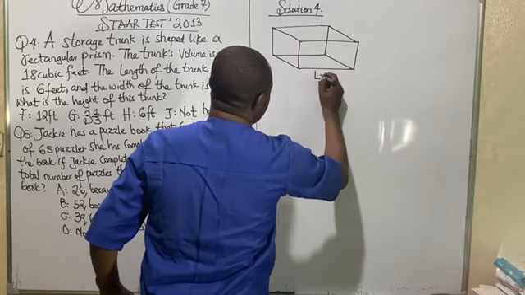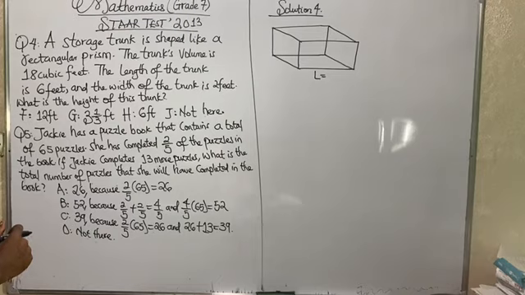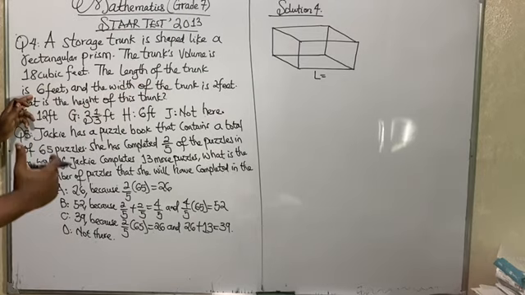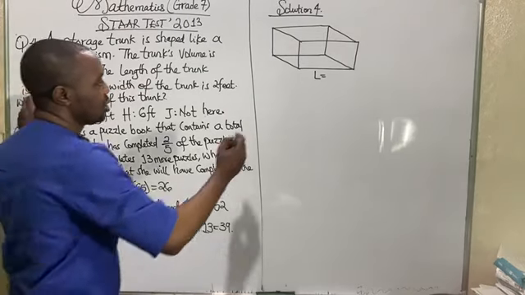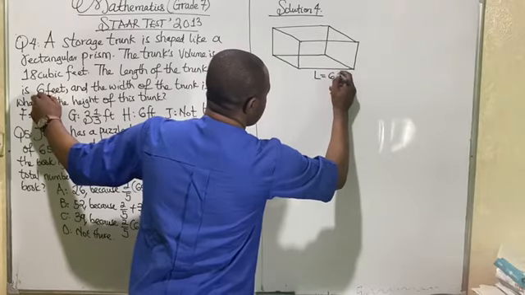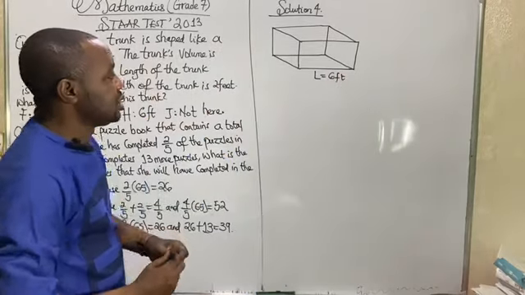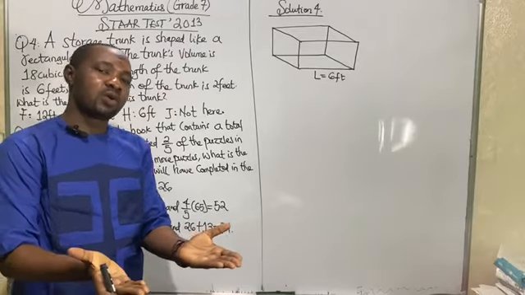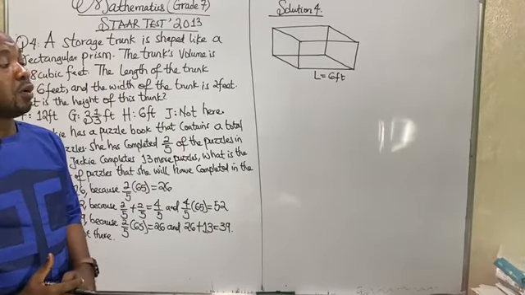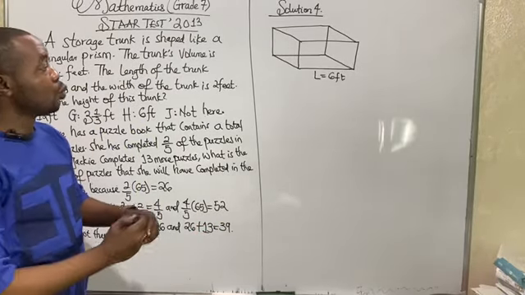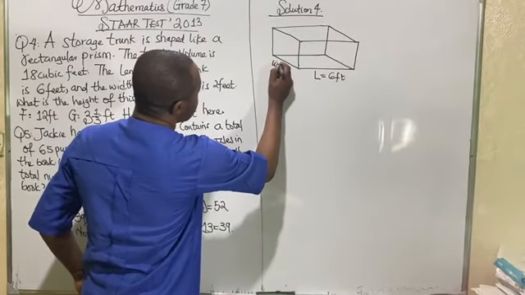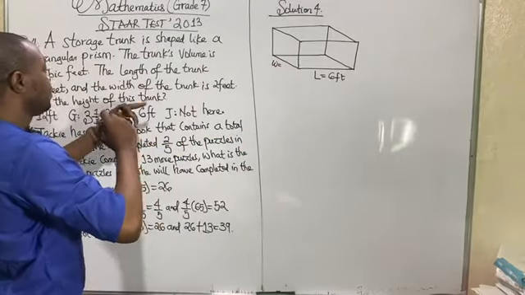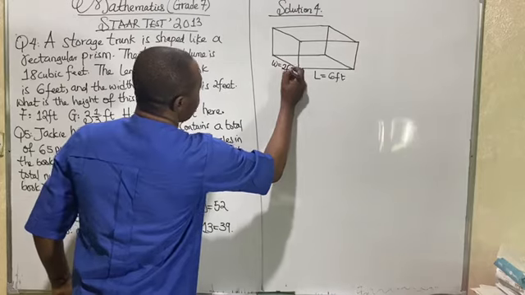Now the length of the prism, according to the question, the length of the storage trunk, is 6 feet. This will be the length because that is the horizontal cross section of the shape. Then the width will be this side, and that is given to be 2 feet.